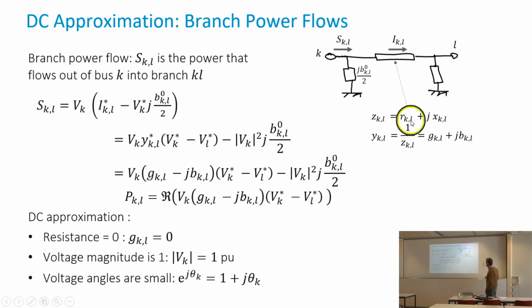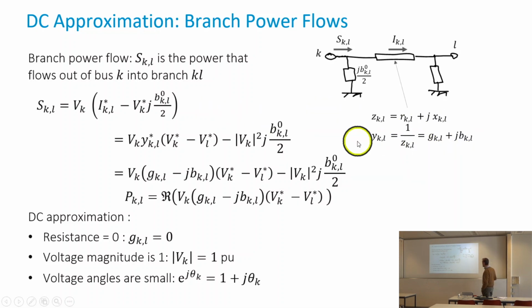So we say the reactance is much larger than the resistance of the lines, which also means that when we take the admittance of a line, which is 1 over the impedance, the same will be true. So the real part of the admittance, which is the conductance, is much smaller than its imaginary part.